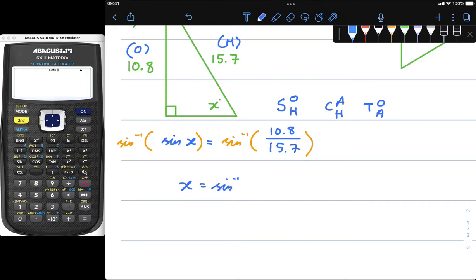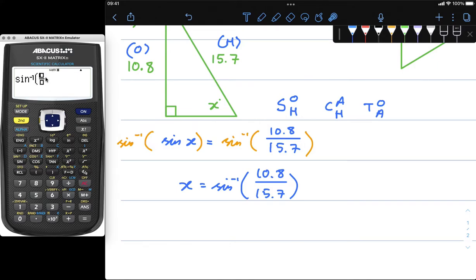So we write it as x is equal to sine inverse of 10.8 over 15.7. And this is what we type into our calculator, this one here. So typing it in, we press shift first, and then sine, and then we get that inverse sine. It's not sine -1, it's inverse sine.